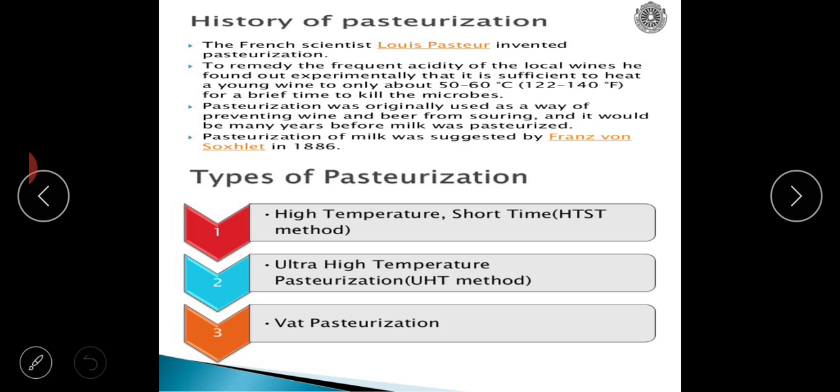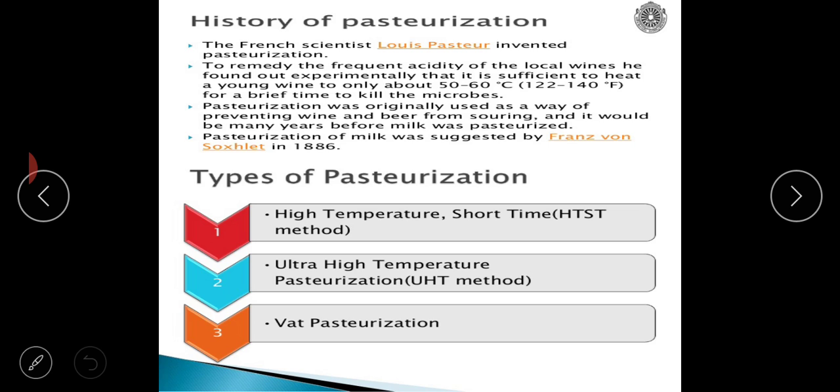He found experimentally that it is sufficient to heat a young wine to only about 50 to 60 degrees Celsius, that is 122 to 140 degrees Fahrenheit, for a brief time to kill the microbes. Pasteurization was originally used as a way of preventing wine and beer from souring, and it would be many years before milk was pasteurized.